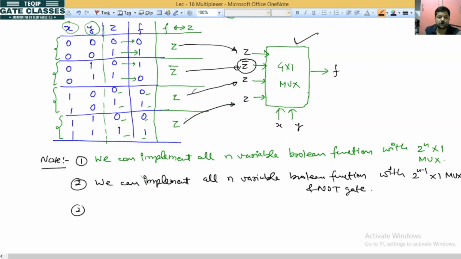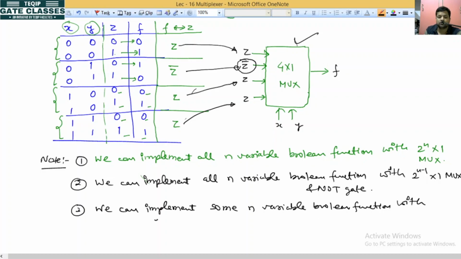Understood? Now the next point is we can implement some n variable Boolean functions, but not all, with a 2 to the power n minus 1 cross 1 mux.